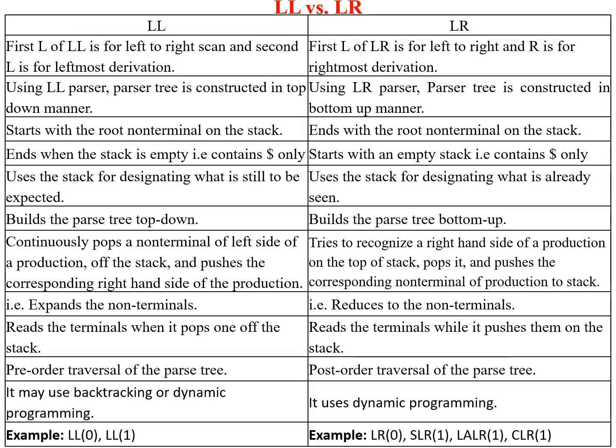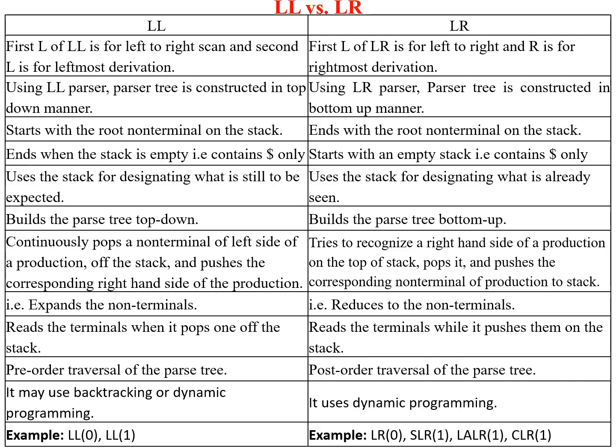Whereas in the LR parsers, we try to recognize the right-hand side of a production as a handle on the stack. Whenever we identify the right side of the production, also called a handle, on the stack, it is popped and its corresponding non-terminal is pushed onto the stack.